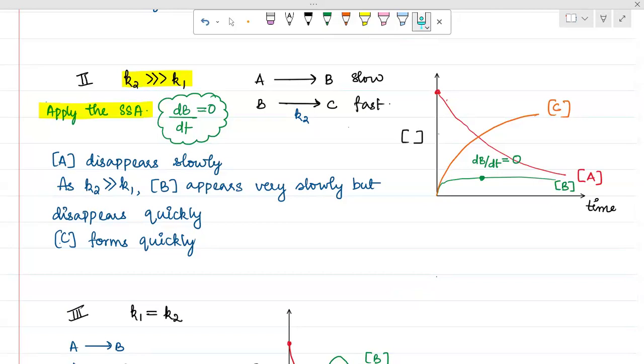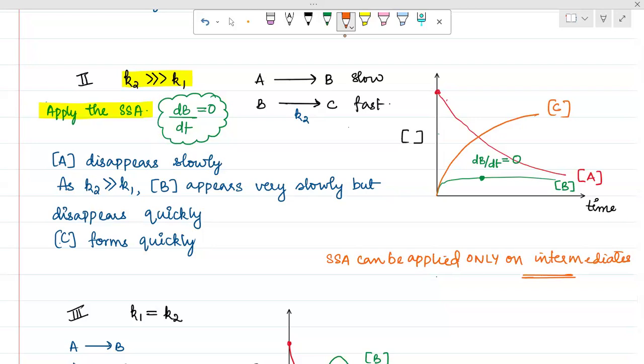Understand, the steady state approximation can be applied only on intermediates, not on the reactants, not on the products. So the moment the intermediate is formed, even though very slowly, it disappears quickly.